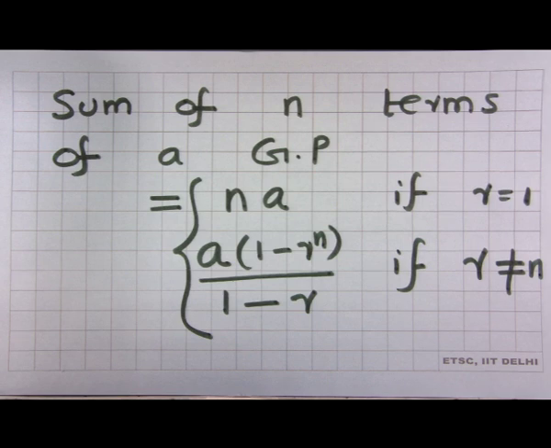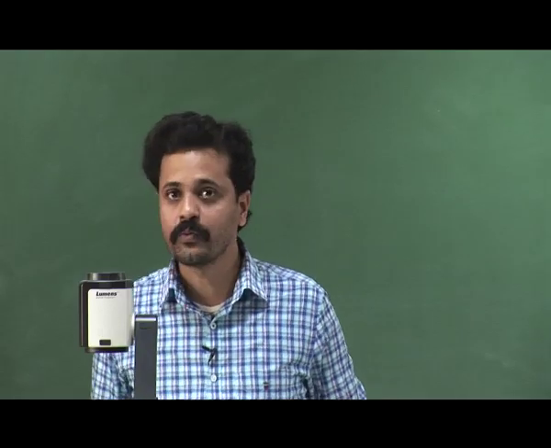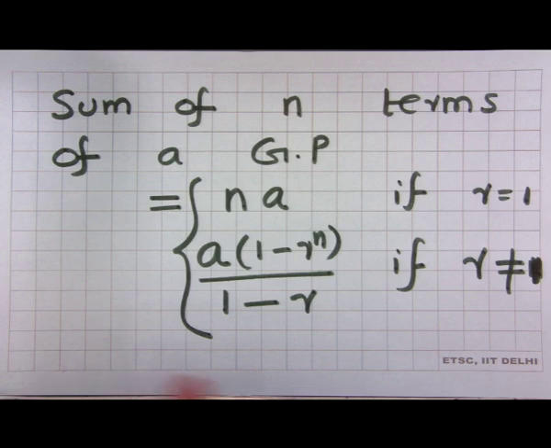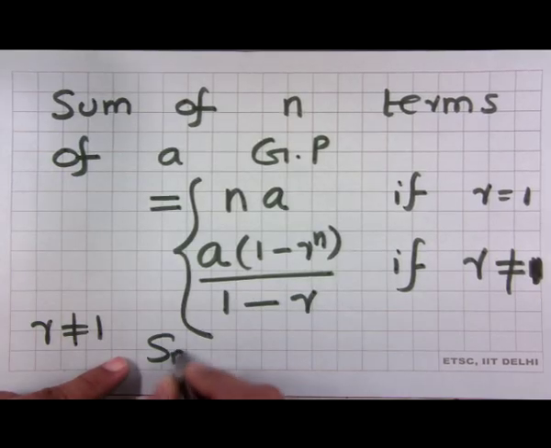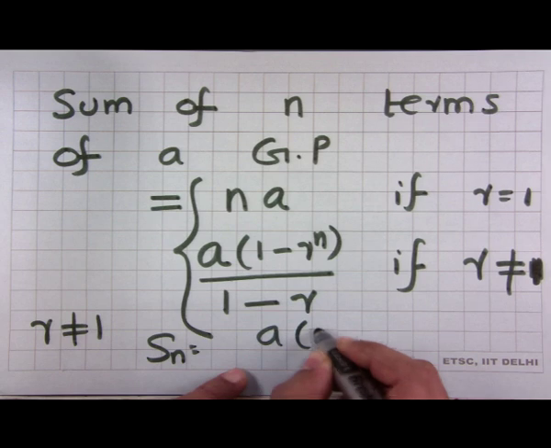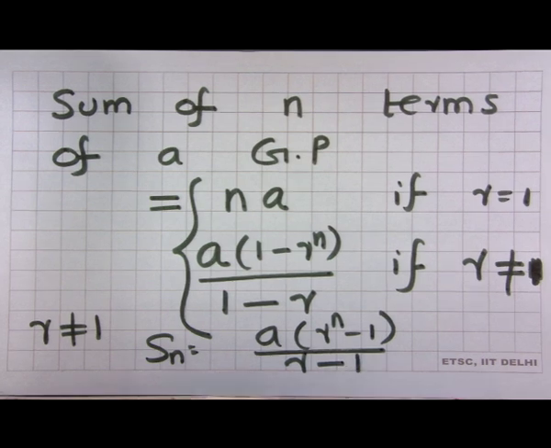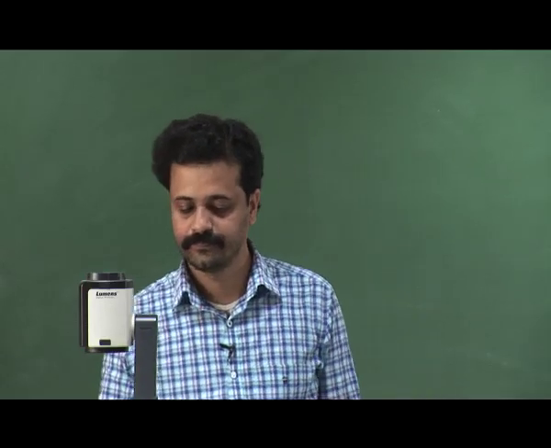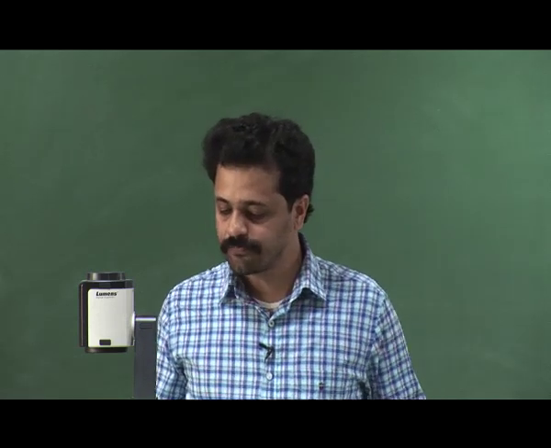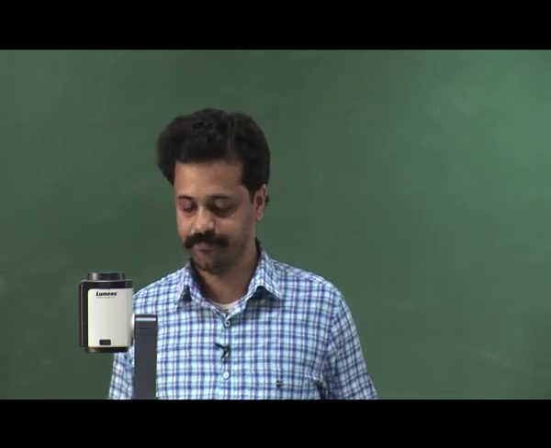Observe that when r is not equal to 1, we can write the formula also as a into r power n minus 1 by r minus 1, just by multiplying numerator and denominator with minus 1. So, this is a nice formula for the sum of n terms of a GP.